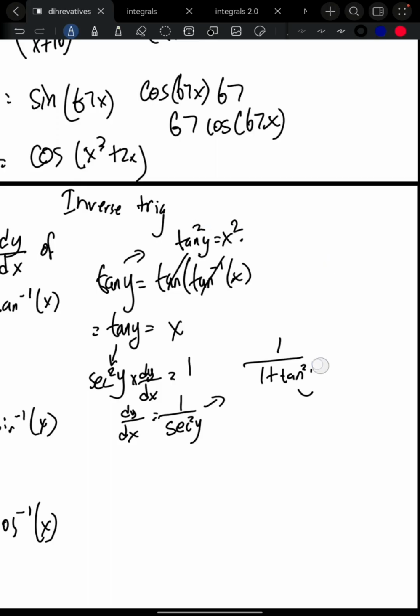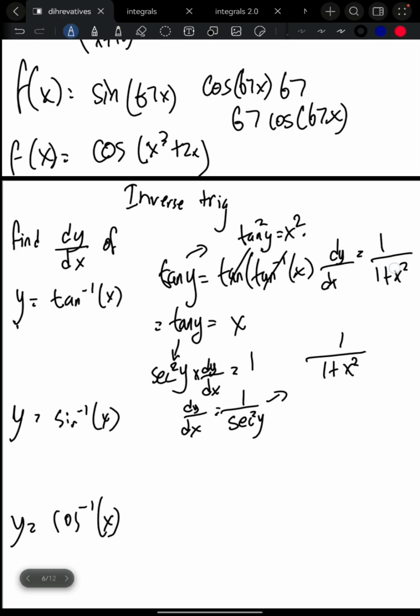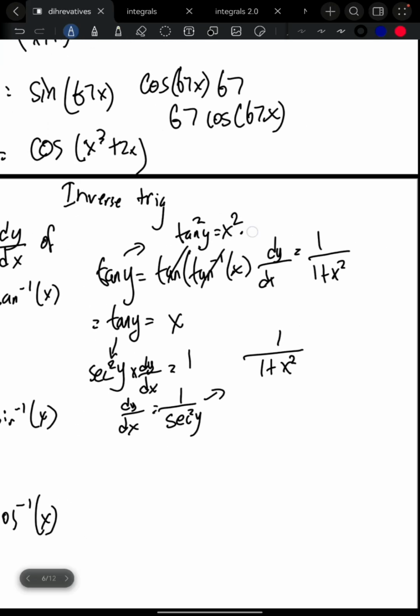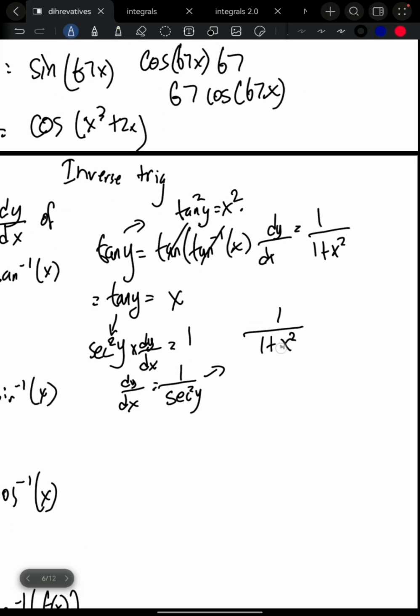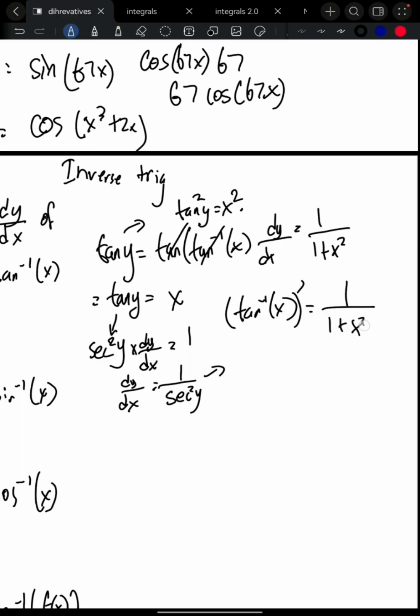So that's just going to be 1 over 1 plus x squared. So in the end you get dy by dx is equal to 1 over 1 plus x squared. And we said dy by dx is just the derivative of tan inverse x. So the derivative of tan inverse x is just 1 over 1 plus x squared.